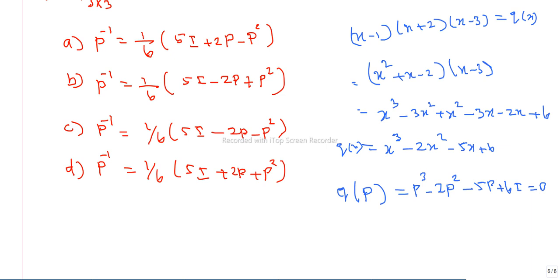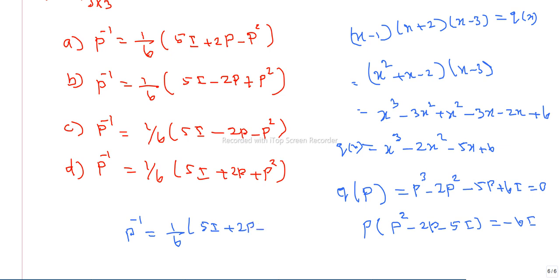Finally we get P square minus 2P minus 5 identity equal to minus 6 P inverse. So we multiply both sides by P inverse and take minus 1 by 6 to that side. Now it will be 1 by 6 into 5 times I plus 2P minus P square. So that is the answer. Which one? The first one.